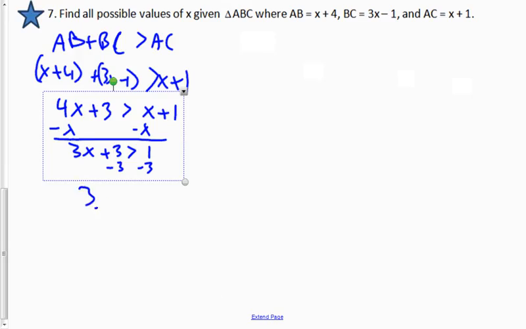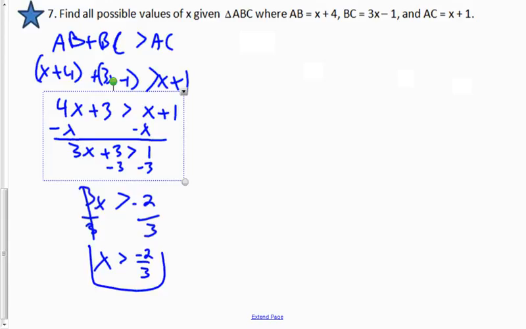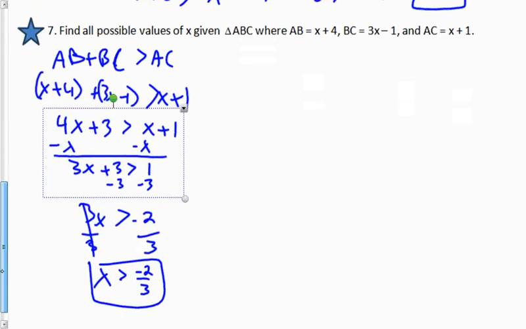We have 3x is greater than negative 2. Divide both sides by 3. I believe I did this correctly. Hopefully I didn't make any mistakes anywhere. But then I'd have x has to be anything greater than negative 2/3. Okay, so there's one of the conditions.